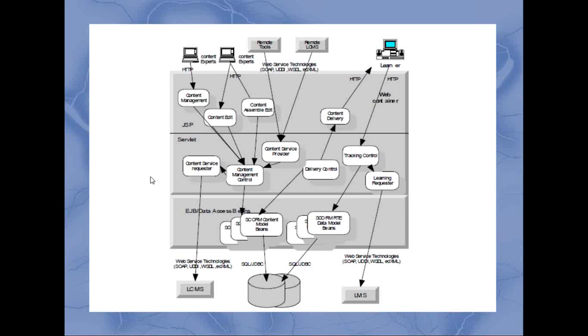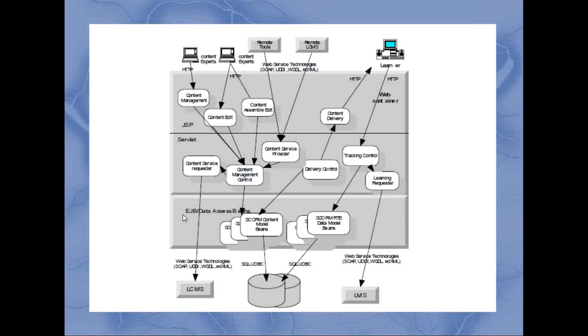We see that it's a three-tier architecture. The bottommost layer here is the EJB architecture. The middle layer is the servlet architecture. And finally, the top layer is the JSP architecture, the JSP layer.